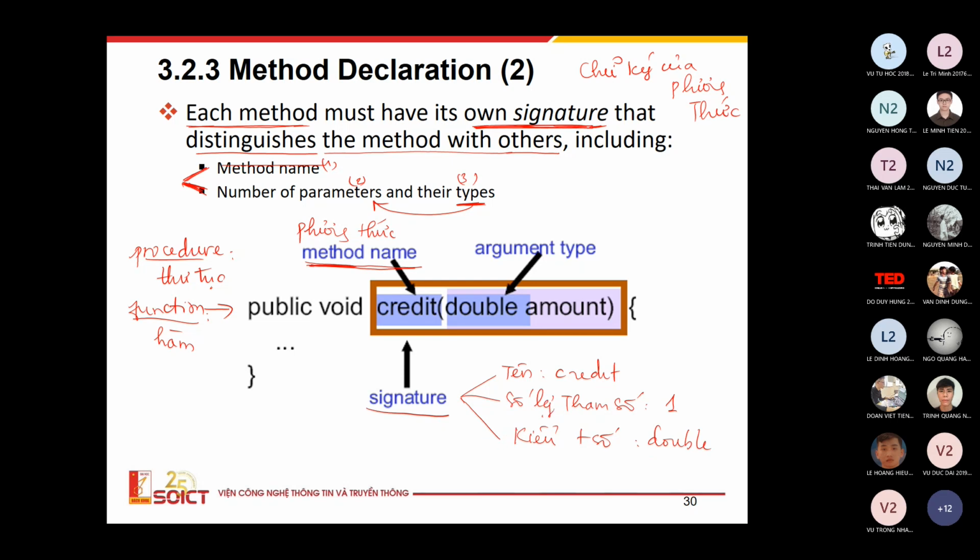What happens if I write something like double, and then comma, and then int x, and I close it like this. So what is the signature of this new method?